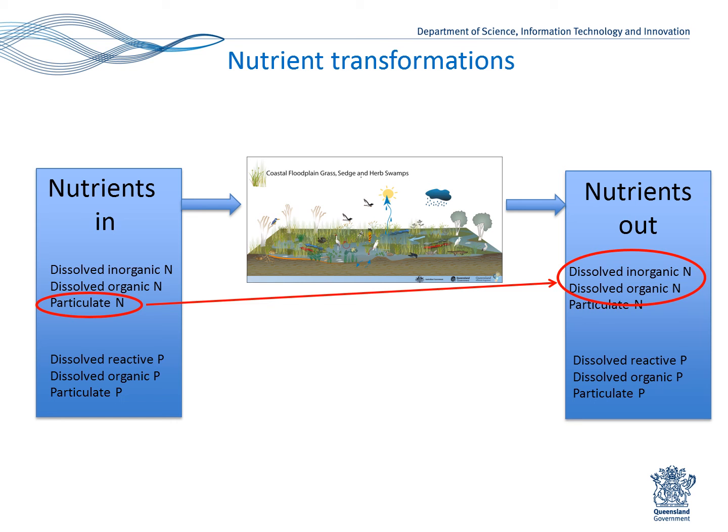But that form of nitrogen is forming these pools of nitrogen as it moves through the wetland system. It's producing dissolved inorganic nitrogen and dissolved organic nitrogen simply through the biological processes which are occurring.